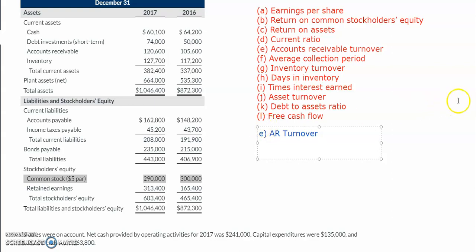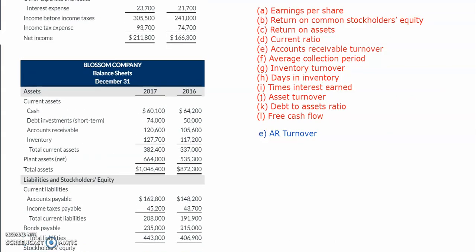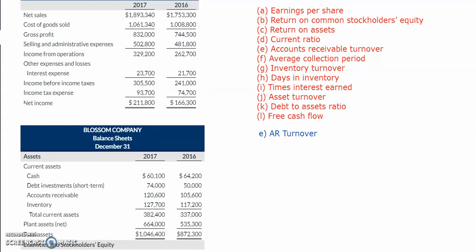So here I need to scroll on up to my income statement so that way I can get my amount of net sales. And I'm going to need to divide this by my average net accounts receivable balance.